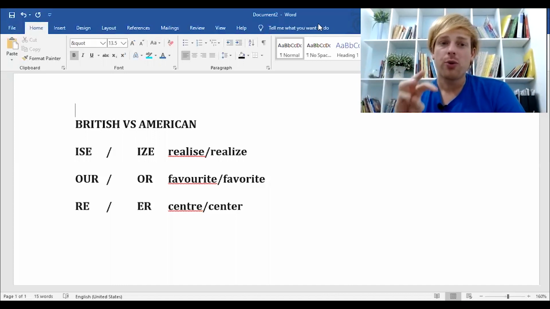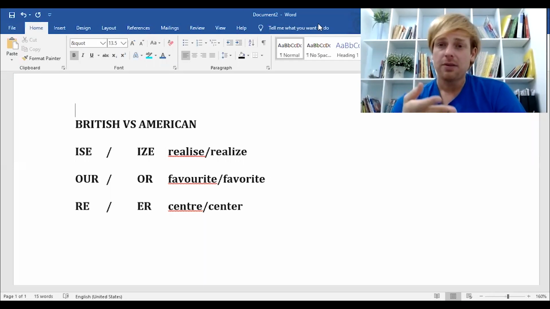But there are three common differences in writing that I wanted to show you, so that anytime you're reading something, you'll be able to see if this is British standard or American standard. And other countries fall into different categories. Canada is American standard, Australia is British standard, for example.